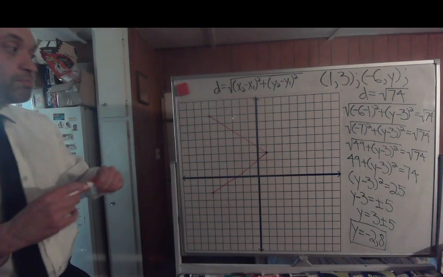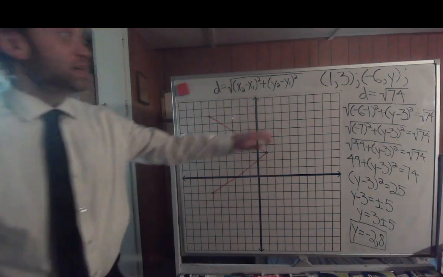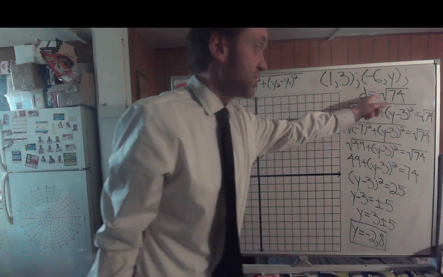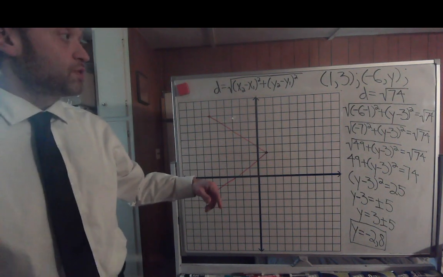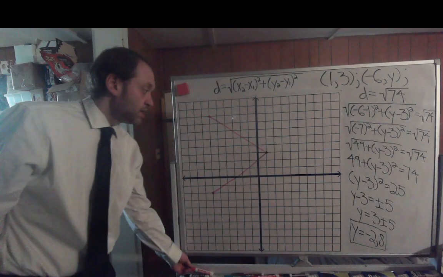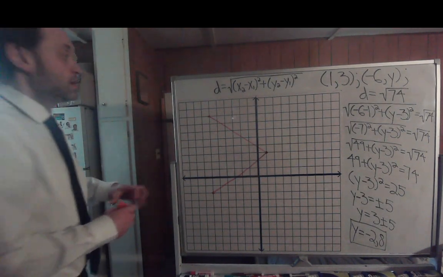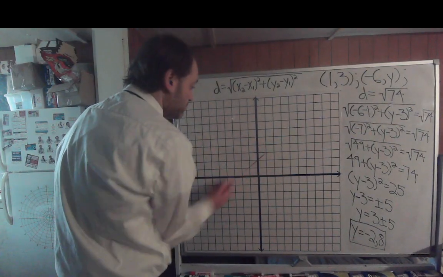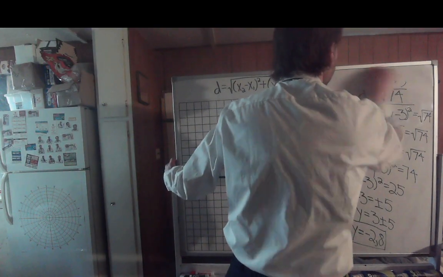You see that both points are equidistant with a distance of the square root of 74 units from the coordinate of 1, 3. And I got one more like this, then we're going to move on again to another type of example.